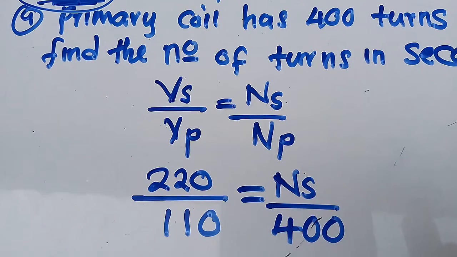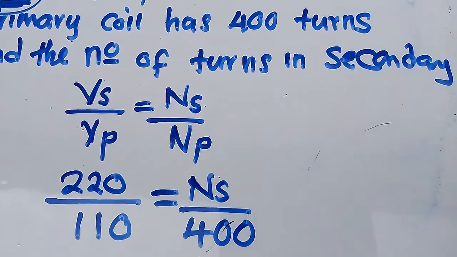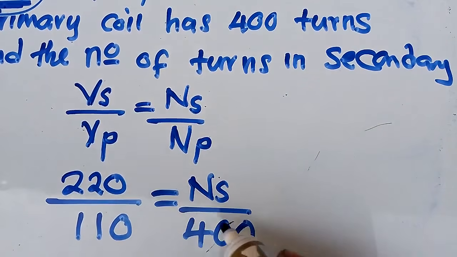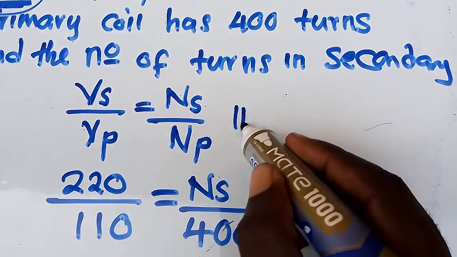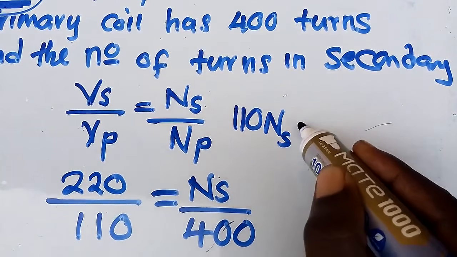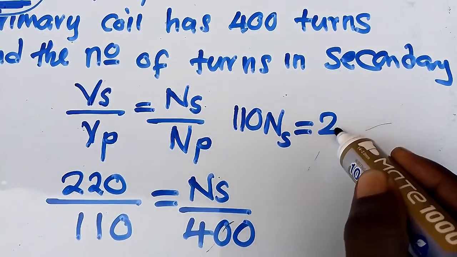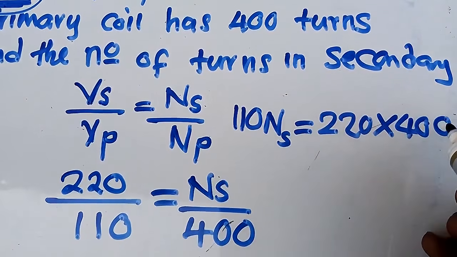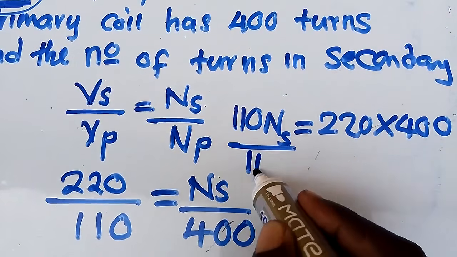So what I need to do here is cross multiply. When I cross multiply, I'm going to have 110 times NS is equal to 220 times 400. Then I divide both sides by 110.